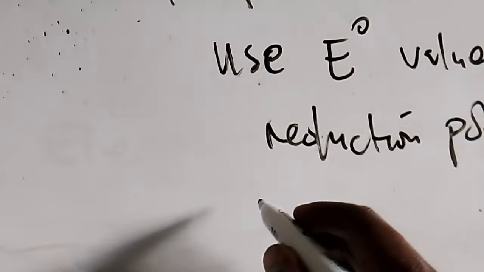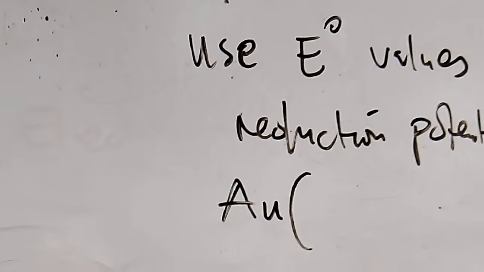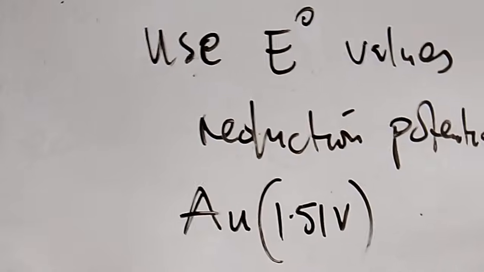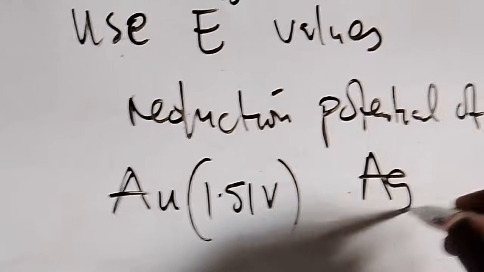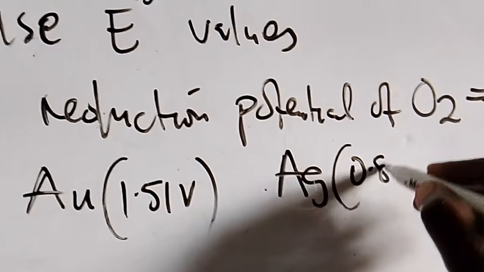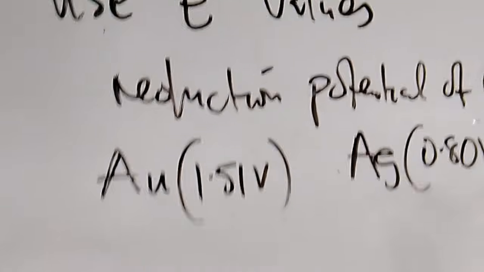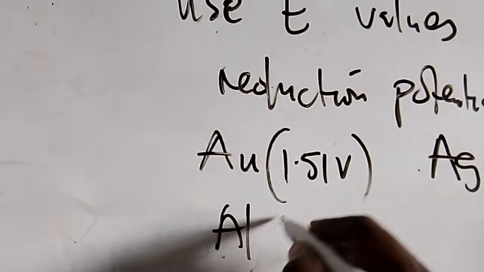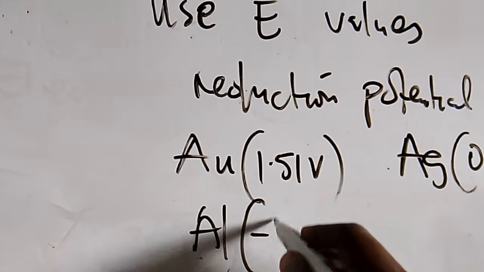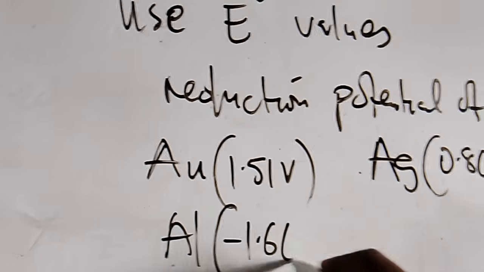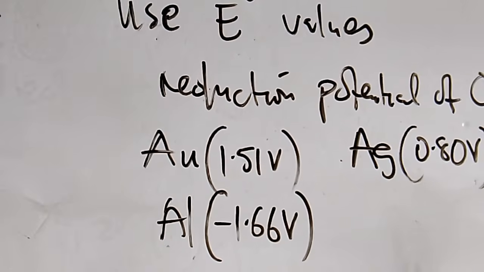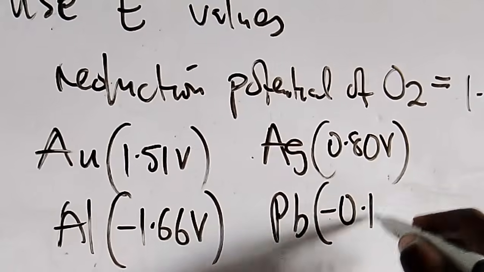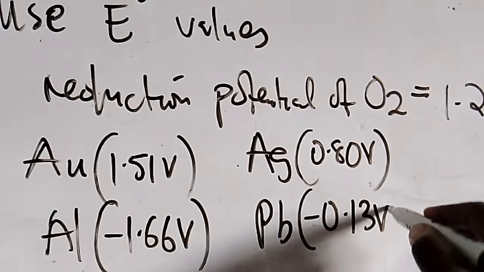Okay, the reduction potential for gold is 1.51 volts. Then for silver is 0.80 volts. Then for aluminium, that is negative 1.66 volts. Lead, Pb, that is negative 0.113 volts.